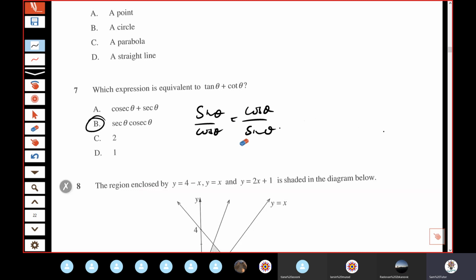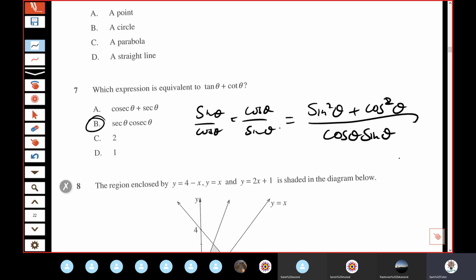So we agree with this first line. Common denominators. So it becomes sine squared theta plus cos squared theta on. We agree with that line. And then what's sine squared plus cos squared? It's 1. Yeah. And then of course 1 on cos is sec, 1 on sine is cosec.